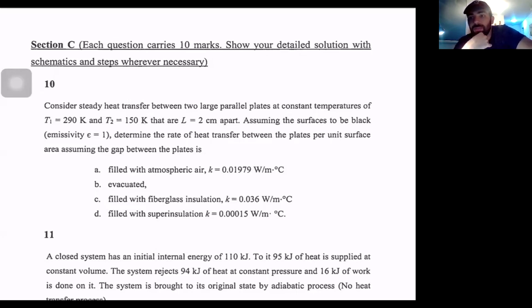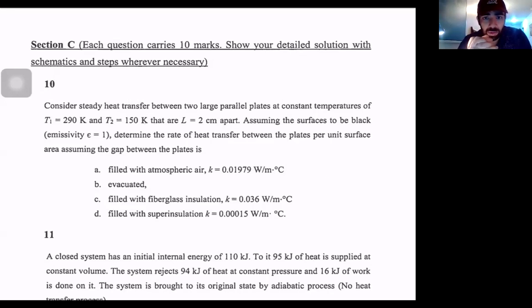But when you fill it up with fiberglass or an insulation material, then the mechanism of heat transfer will be conduction, because you have filled it up with a substance. When you have air or evacuation, there is a gap between those two layers. But when you fill it up with a material, there is no radiation. The only thing we have is conduction.